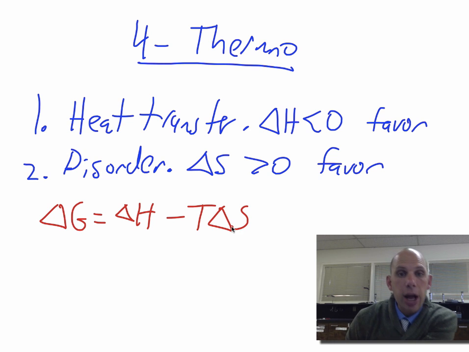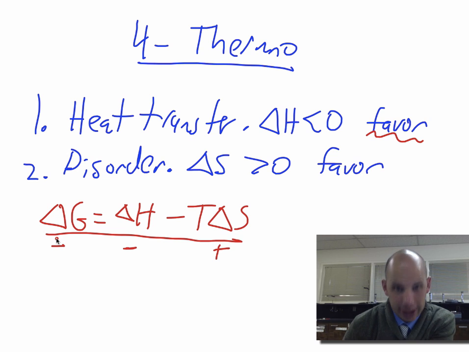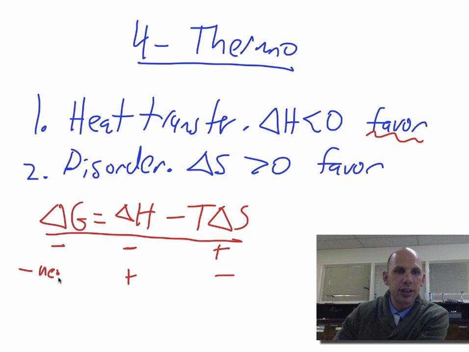Okay. And it turns out that anytime you have these both paired up, anytime that this is negative and this is positive, the reaction is always going to be favored or spontaneous. So it's spontaneous always. Okay. If you have the opposite of this, it's spontaneous never.